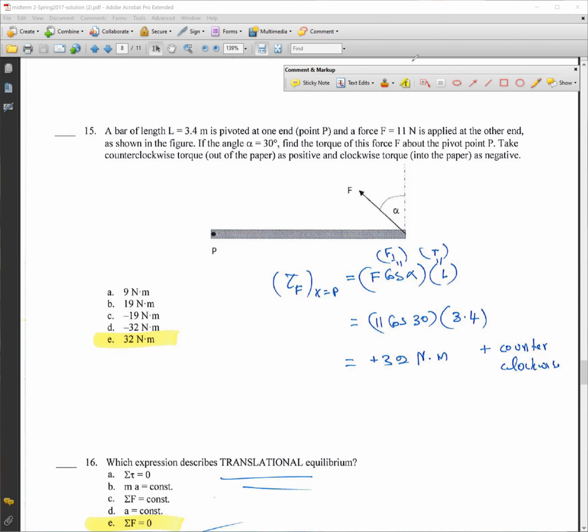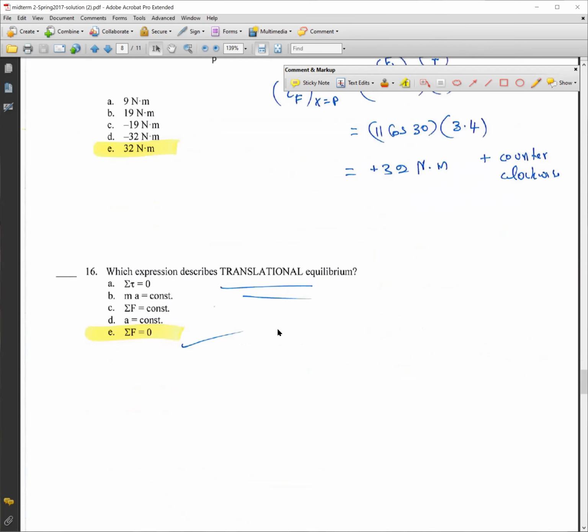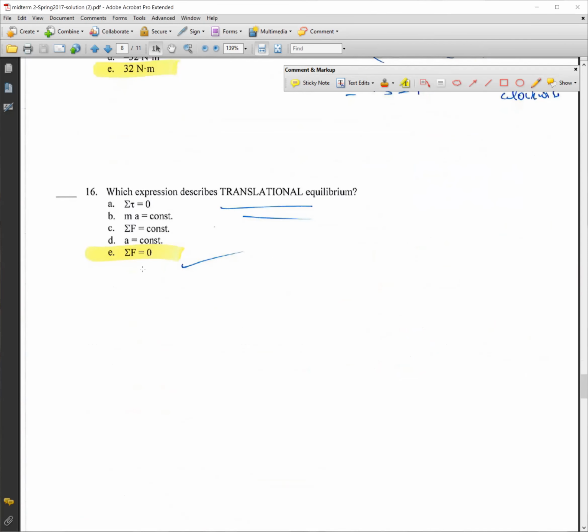Now let's move on to the next question. Which expression describes translational equilibrium? Translational equilibrium is when an object is moving linearly, so we're dealing just with a translation or linear motion.